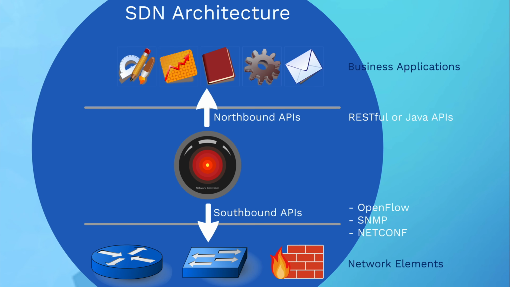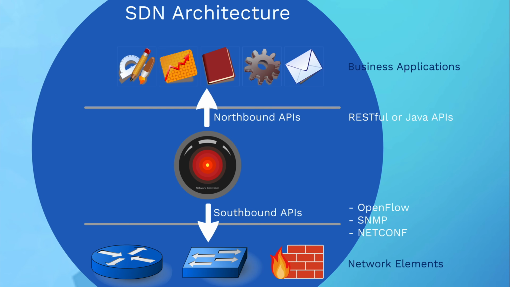As you can see, the network controller is in charge of talking to everybody, but as the network admin, we are the ones defining what we want the network to do through the business application, and then the controller makes these API calls or requests down to the network elements and goes, hey, this is what the network admin wants me to do. Do you have the resources for us to make it happen? If not, what do we need to do?